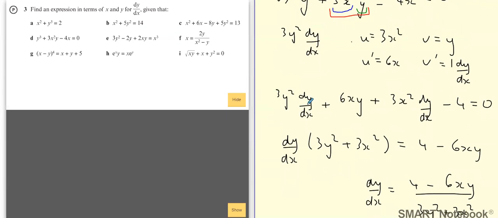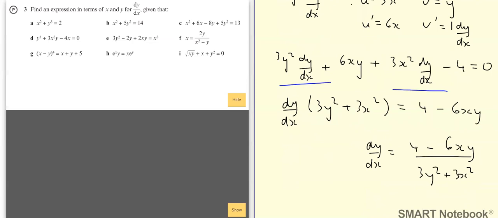So I've just factorized dy by dx out of this term and this term here because both of them have dy by dx, so that should give me that. Yeah, is that okay? Or multiply everything by minus 1 inside here and you get the same answer.